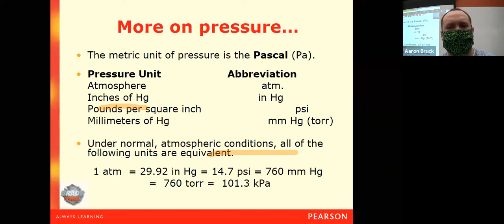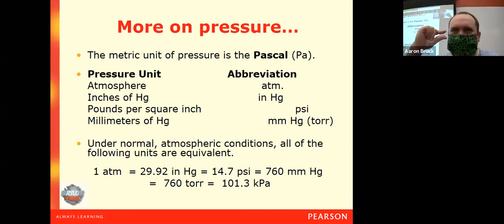Well, for one, there are lots of different pressure units. In the metric system, the metric unit of pressure is something called the Pascal. I will tell you that even among physicists, pascals are rarely used. They represent a tiny amount of pressure.